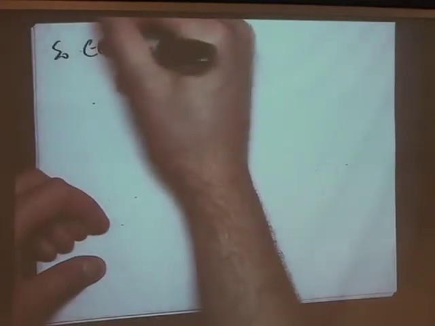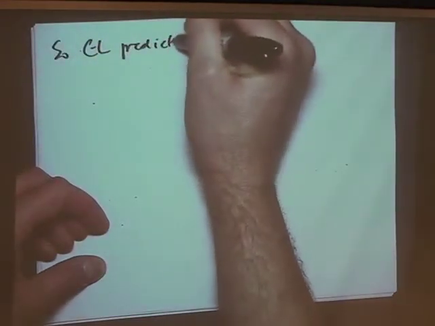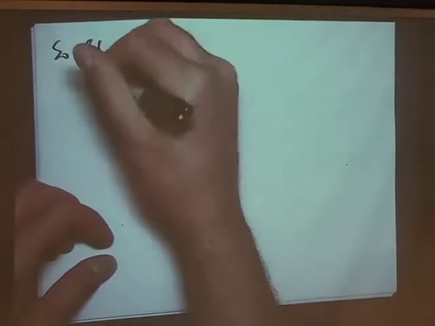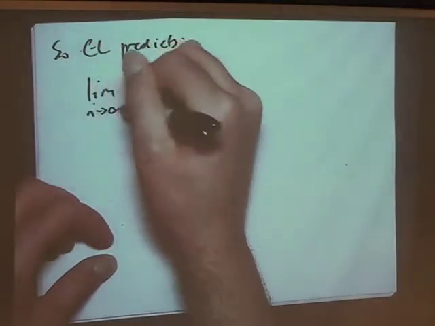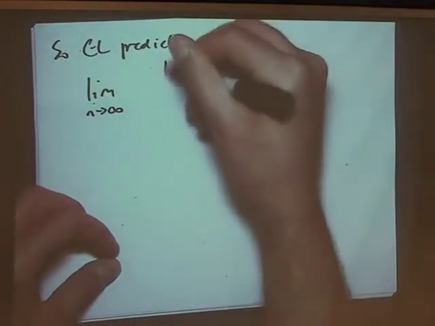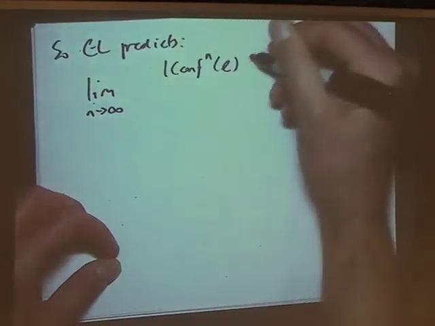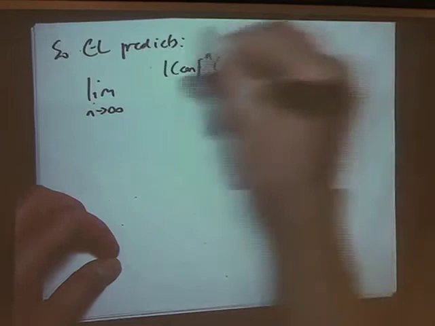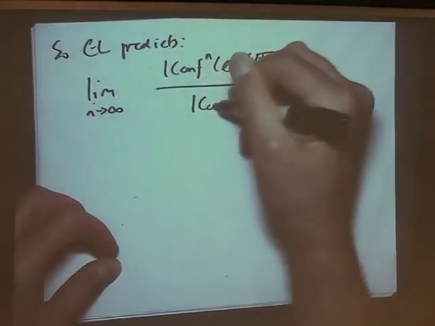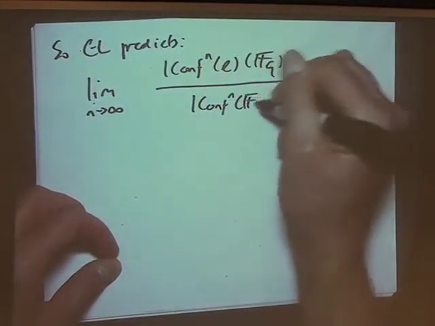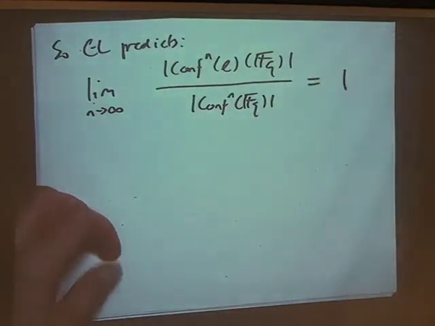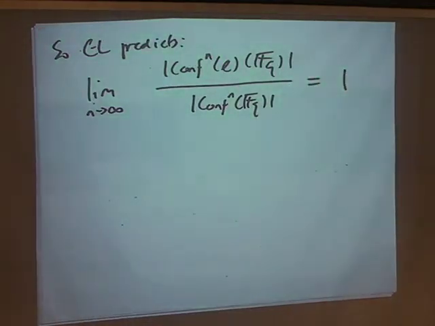So CL predicts that the limit as n goes to infinity of |Comp_{N,L}(F_Q)| over |Comp_N(F_Q)| equals 1.